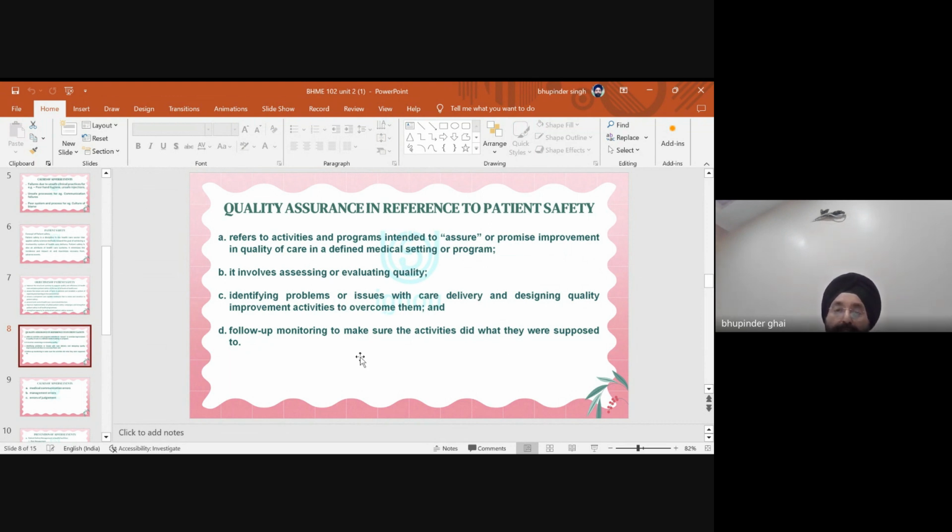Then you have to monitor whether after modification those activities are rectified or not. If they are not rectified, then again you have to reassess your action plan and take a different approach to take care of those negative activities.